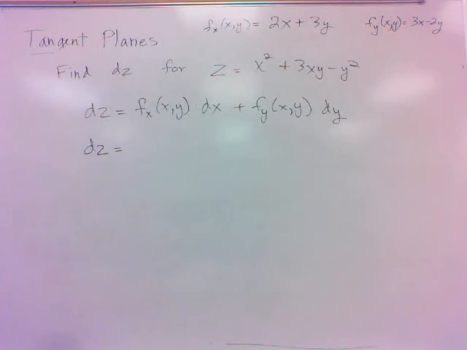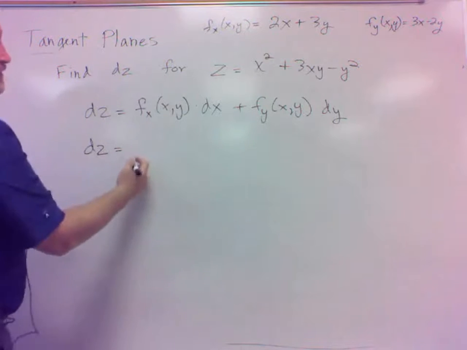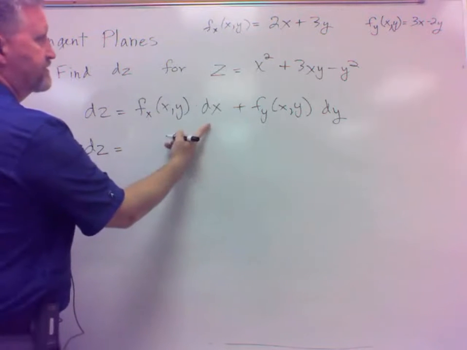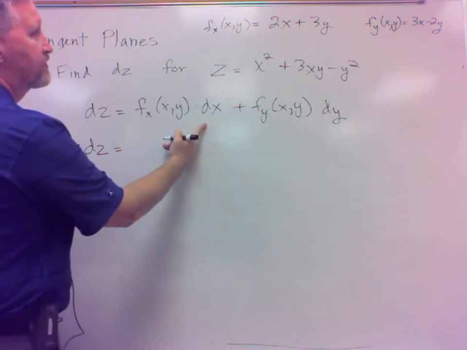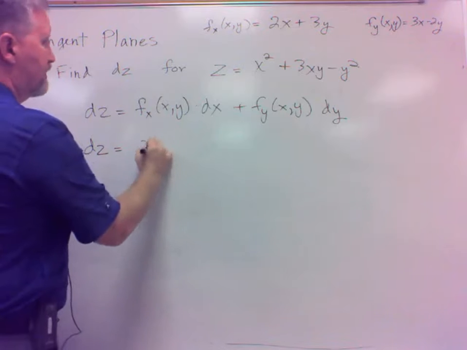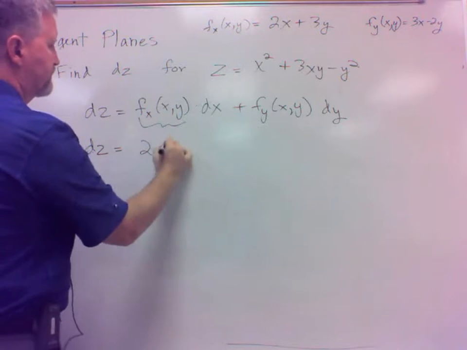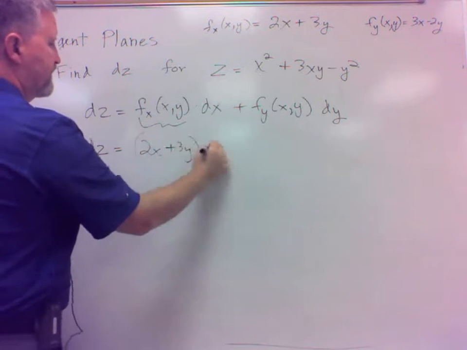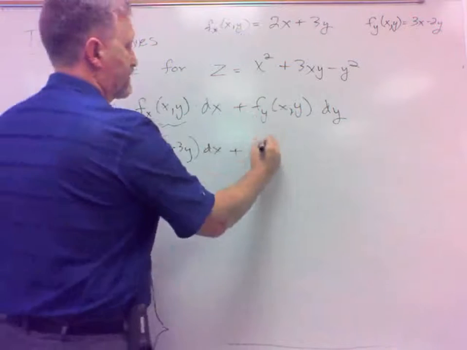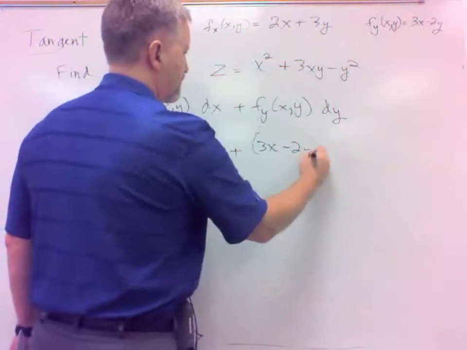And there you go. All right. And so we're just plugging them in. We don't have numbers here, so it'd just be 2x plus 3y times your dx plus the 3x minus 2y times the dy.